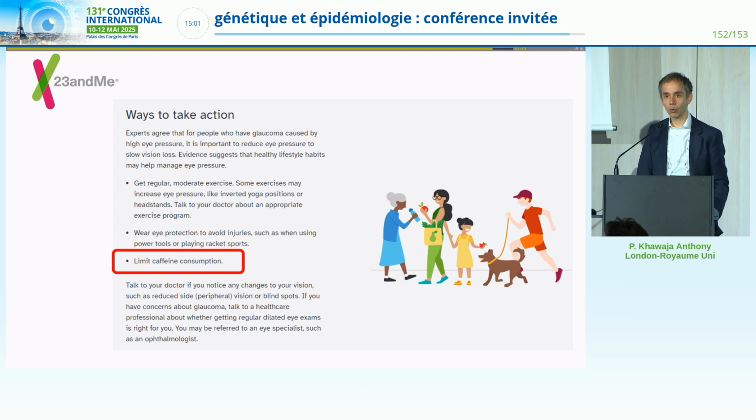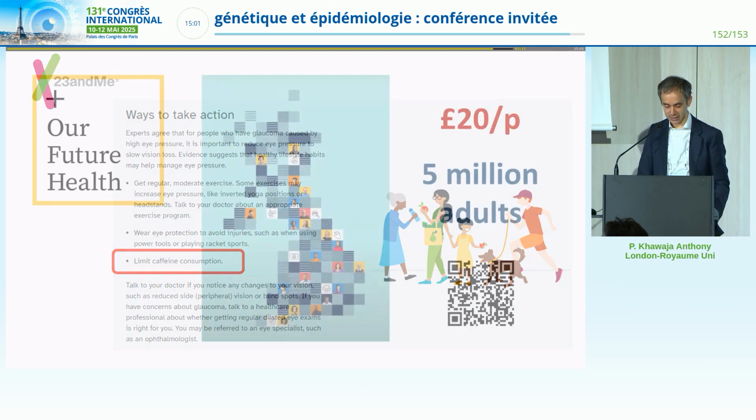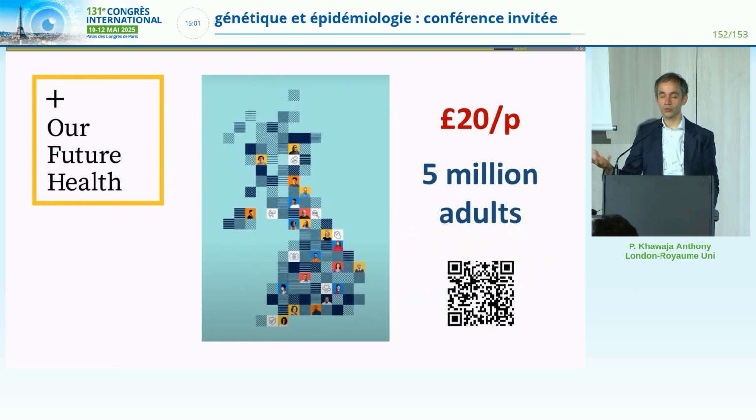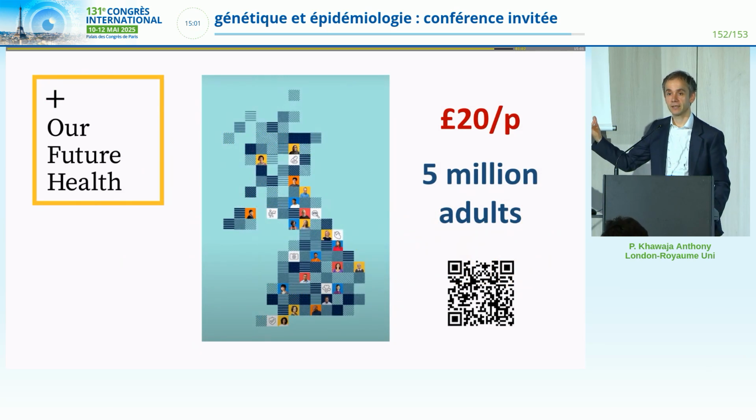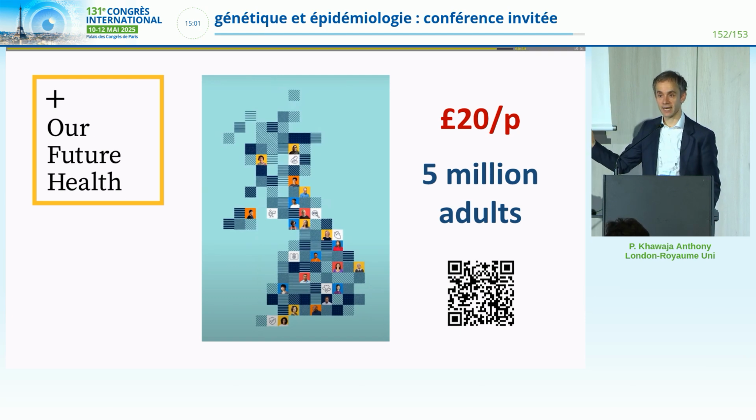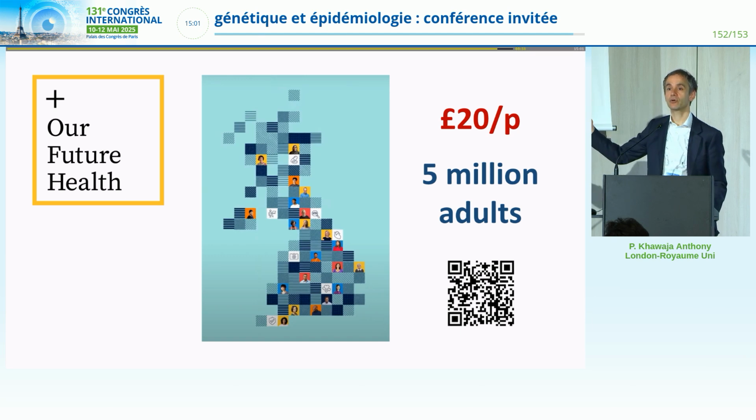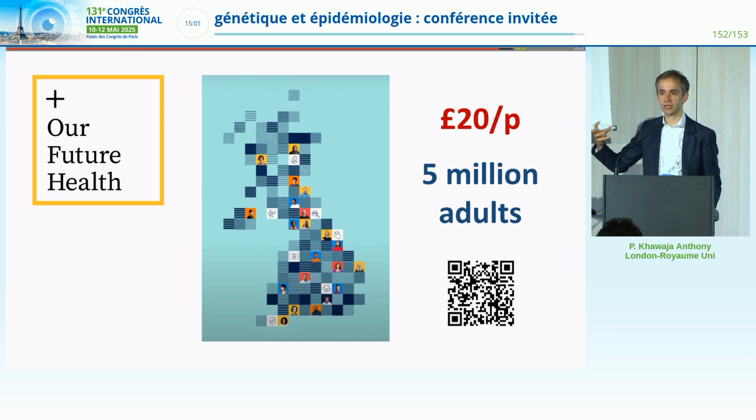Really, we need whole healthcare systems to do the genetic data for you, and that's happening in the UK. The Our Future Health Study already has funding to do this on 5 million UK adults. That's over 10% of the adult population. They've already recruited 2 million. So we're on the way in the UK, and I think eventually it would be the National Health Service that does this.